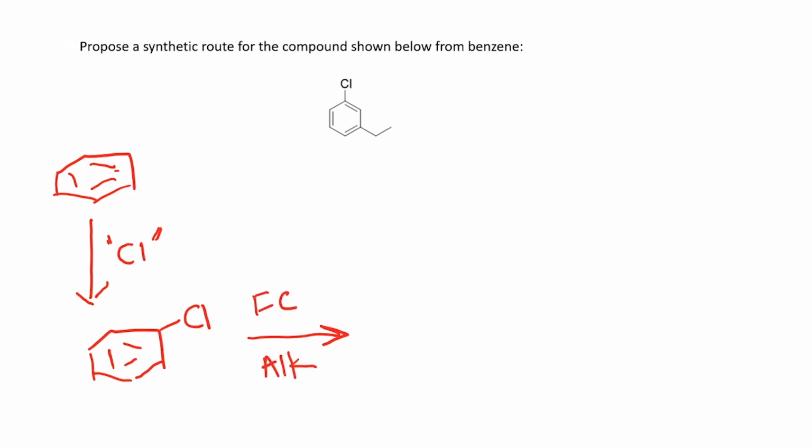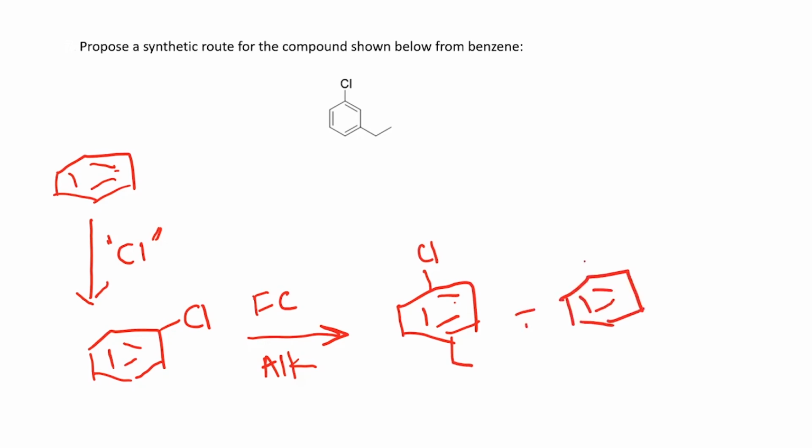And that is going to give you the product that you want, but the regiochemistry is going to be wrong. So since chlorine is actually ortho-para directing, you'll end up with a mixture of para plus ortho. Okay, so this strategy clearly is not going to work. Now let's consider the reverse situation. That is, first we do the Friedel-Crafts alkylation.